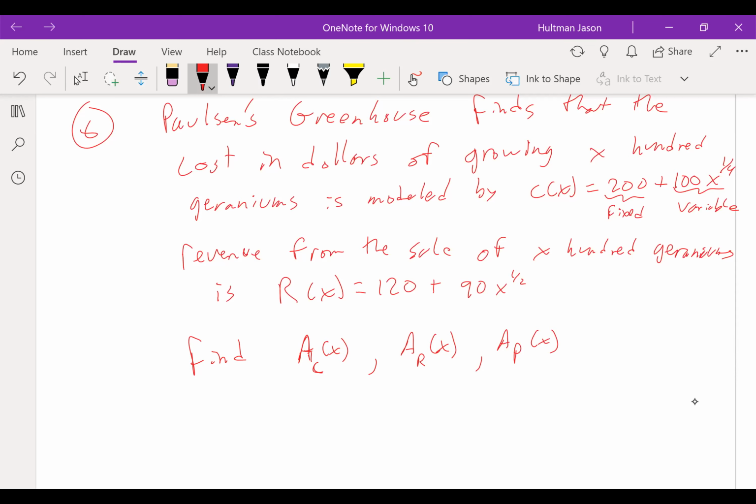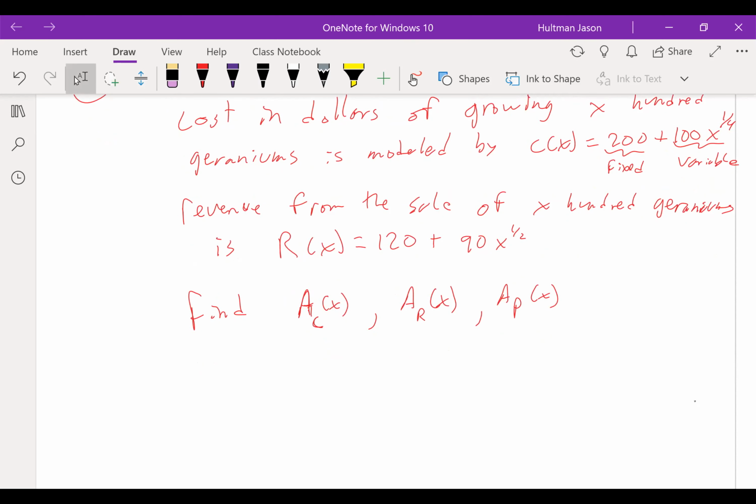So how are we going to do this? Well, what's the average cost function? The average cost function is just the cost function over X. So this is going to be 200 plus 100 X to the 1/4, over X. That was easy.